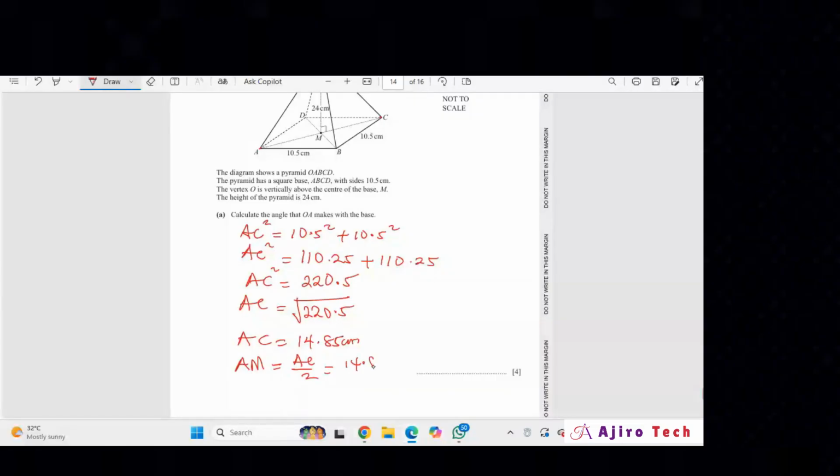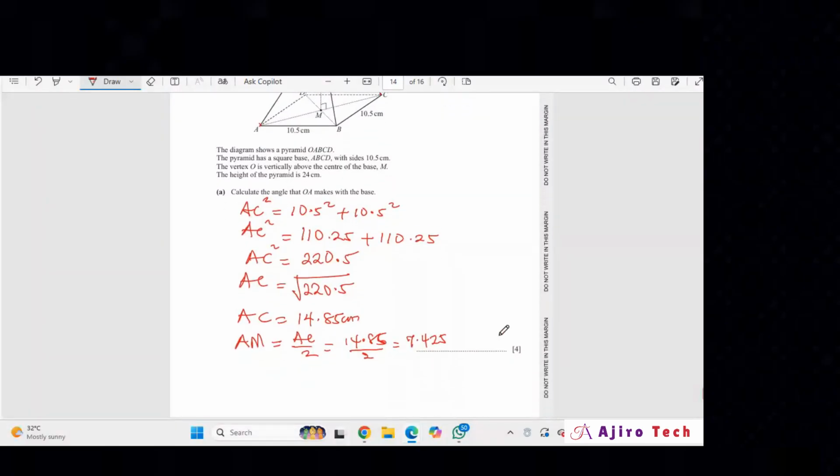That is 14.85 divided by 2, which gives us 7.425. I've gotten AM from here to here, so I can use that to get my angle now. This is adjacent, and it is 7.4.